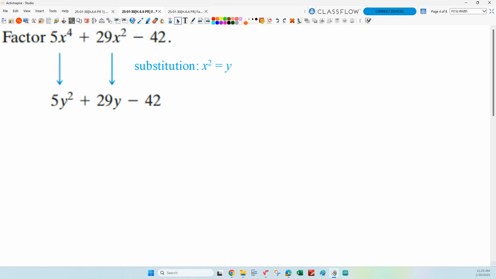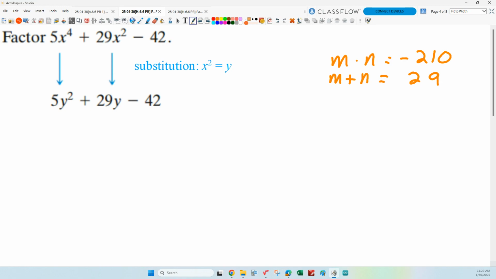What would they have to multiply to? Negative 210, right? The product of the outer coefficients. And they'd have to add to what? 29, good. The middle coefficient.